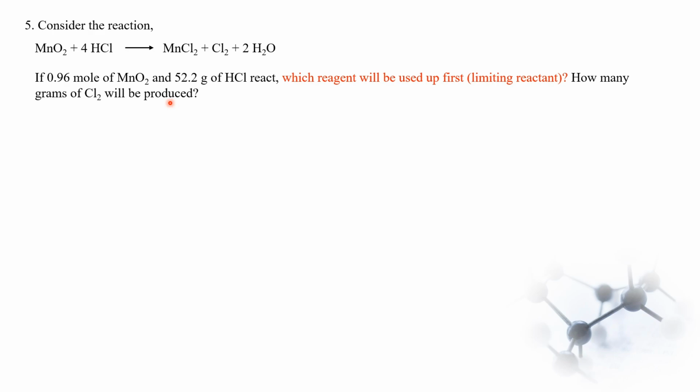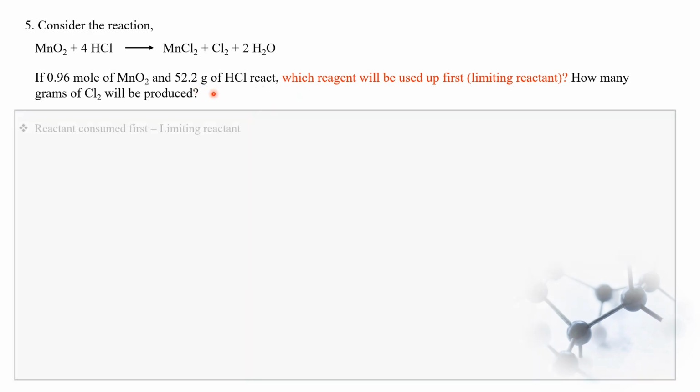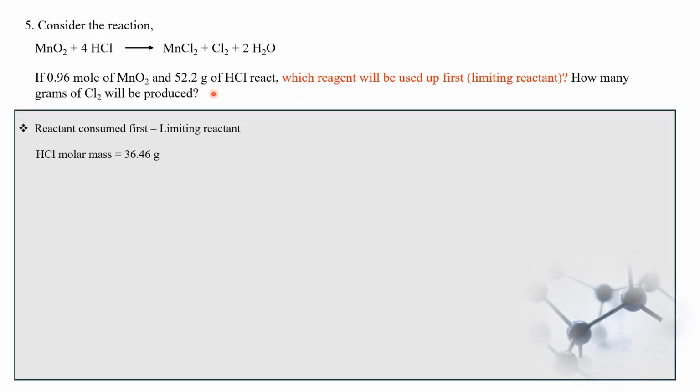To identify the limiting reactant, we need moles of MnO2 and moles of HCl available. Moles of MnO2 are already given in the question, but moles of HCl we need to calculate. We have the gram quantity. Let's convert grams into moles first. For that we need the molar mass of HCl.